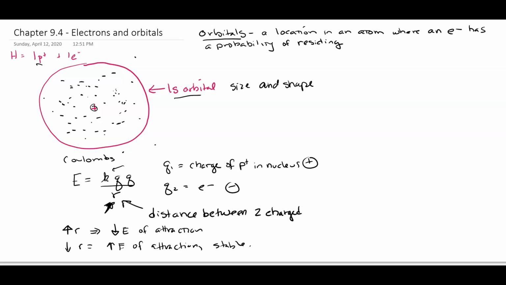Another way of looking at this is to say that the closer an electron is to the nucleus, the more stable it is in the atom. The lower in energy, the more stable.